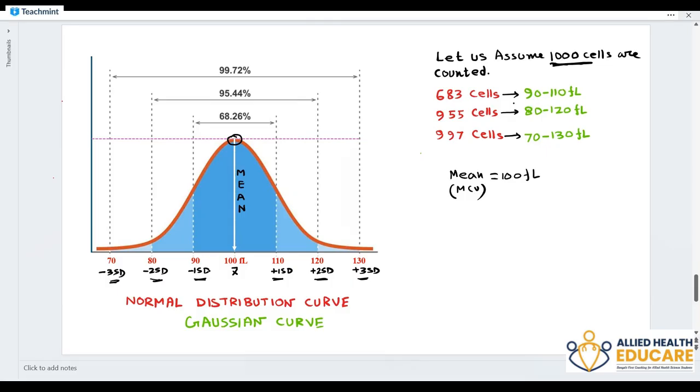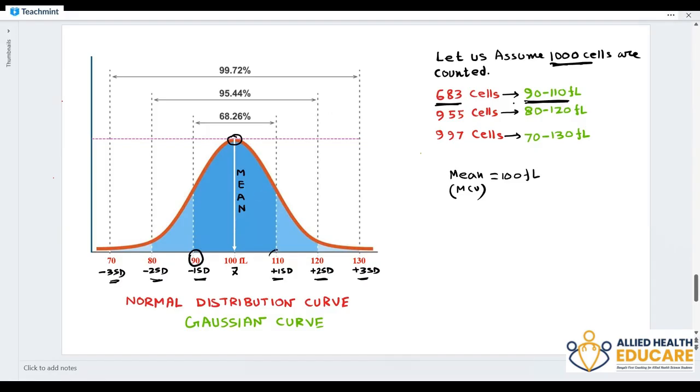If a machine counted 1000 cells and calculated the MCV value, we can see that the volume of 683 cells lies in the range of 90 to 110 femtoliter, as you can see from the Gaussian curve.